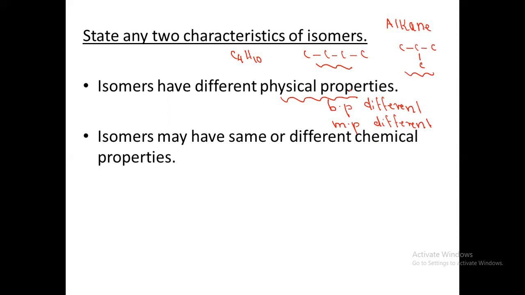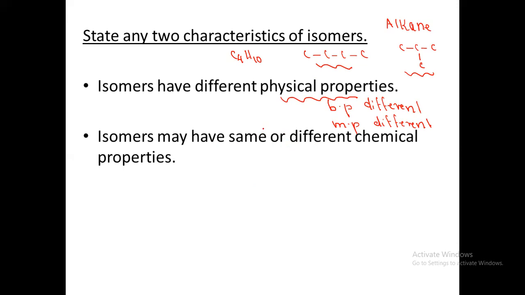Sometimes they'll be the same, sometimes different. Chemical properties are mainly the reactions undergone by these molecules. We cannot say they'll be different, but because both are alkanes, they may give the same reactions. So you can write that they have different physical properties, and the chemical properties may or may not be the same. For a 2-mark question on definition and properties, you can get these points.